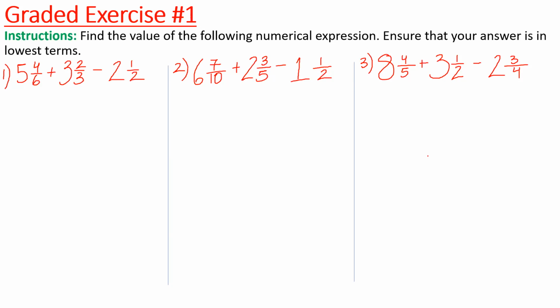Number 3. And Zaria, what number are you on? Number 2.